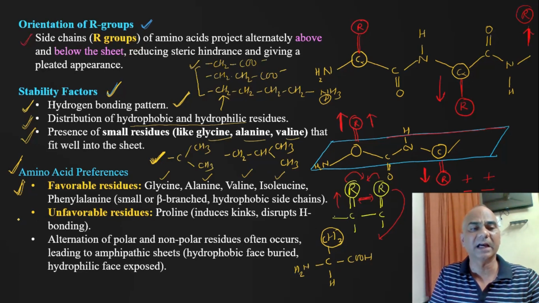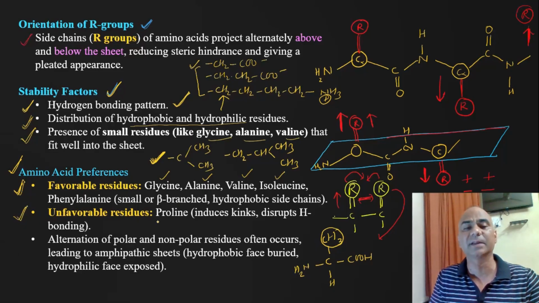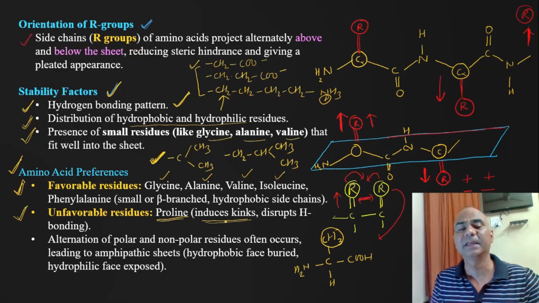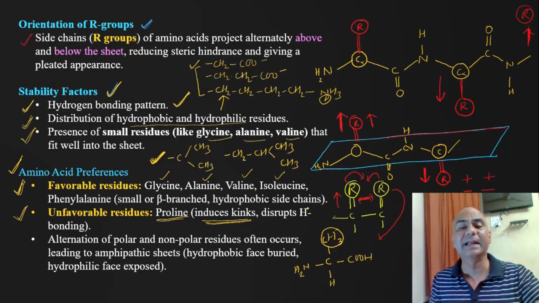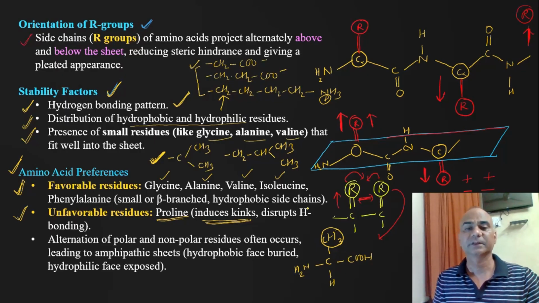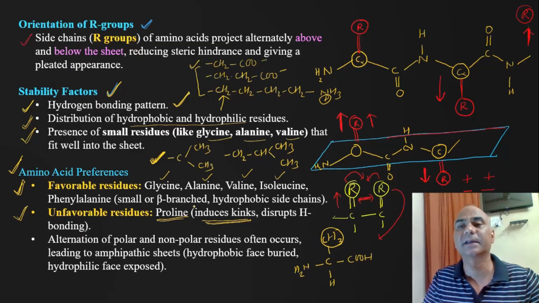On the other hand, the unfavorable amino acid is proline. Proline induces a kink. And what is the meaning of the kink? Kink means a fold, or we can say a dent in the polypeptide chain which disrupts the hydrogen bonding. Why does proline make the kink?